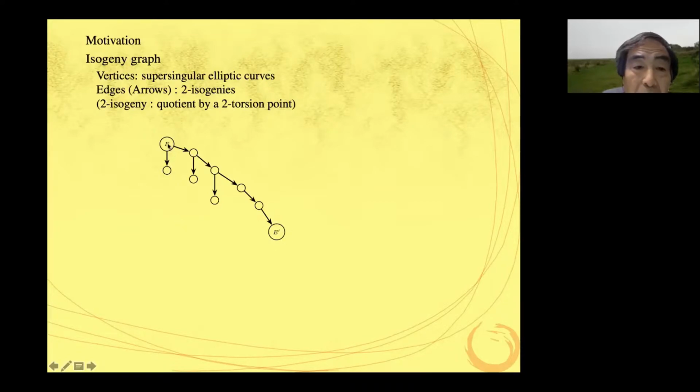Then if we know this process, we can get to E', of course. But if you take an elliptic curve E' without this system of 2-isogenies, then it is very difficult to find how to connect by 2-isogenies from E to E'.